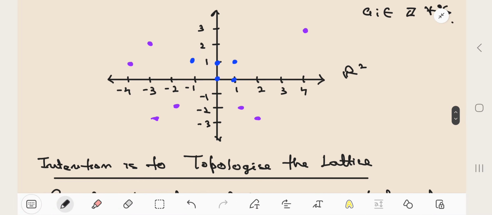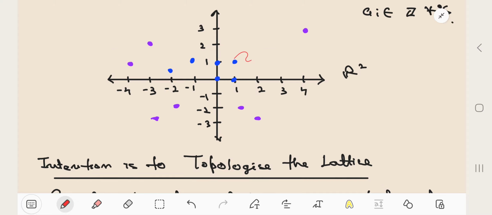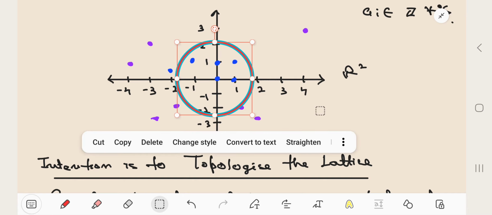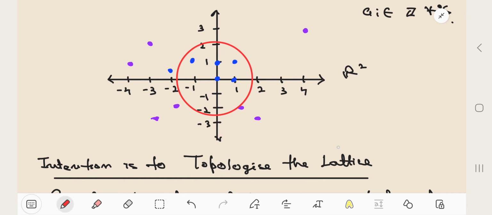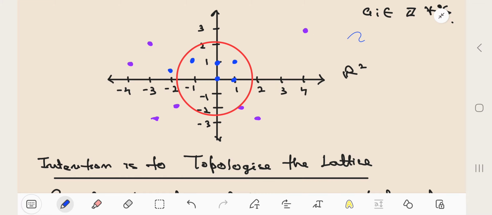If you carefully observe, I can have multiple points here, but the thing to observe is that whenever I choose any circle centered at origin, this lattice, the whole lattice, all these points constitute the whole lattice.